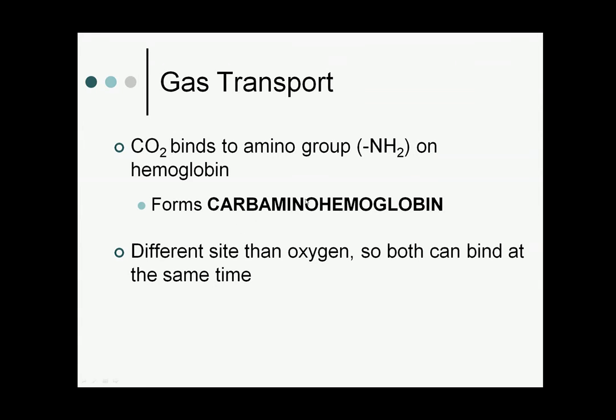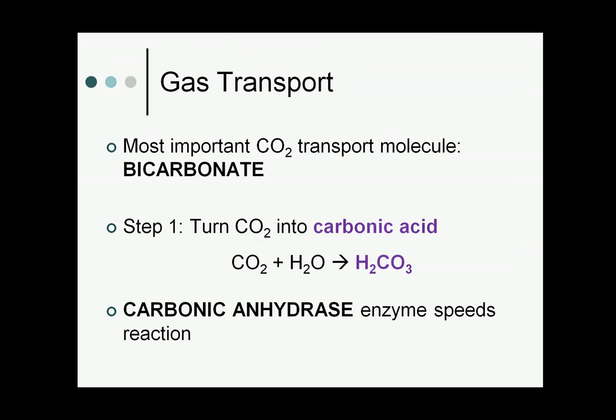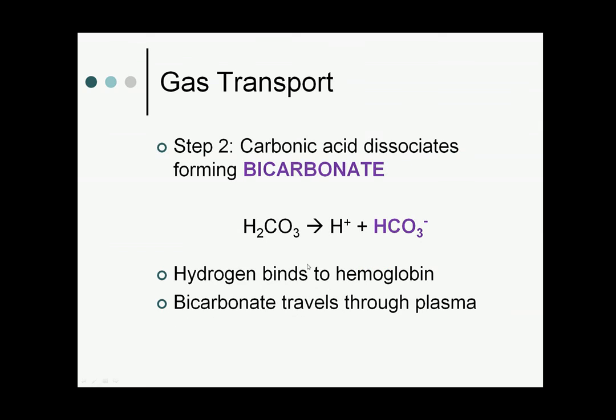Here's the protein that's carrying carbon dioxide on a red blood cell. But basically, here's how bicarbonate's made. First, it's turned into carbonic acid by combining with water, so you get H2CO3. There's an enzyme that speeds up the reaction.